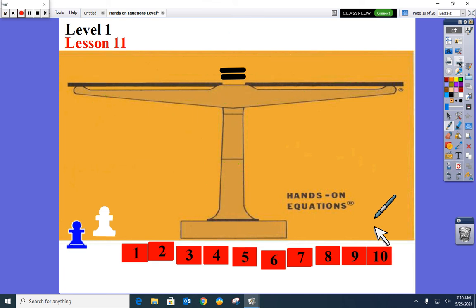Let's try one more example. So now we're looking at 3x on one side, 1, 2, 3, put it up, plus a star and a 4. This one's pretty simple. How many zeros will we add?